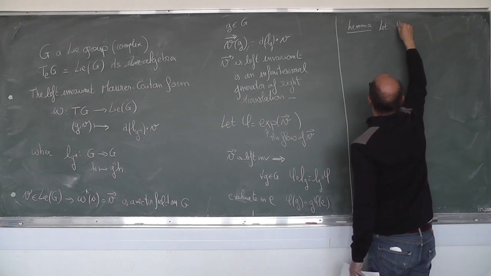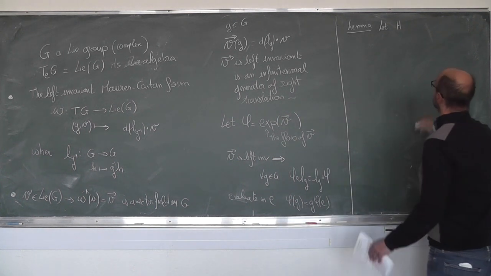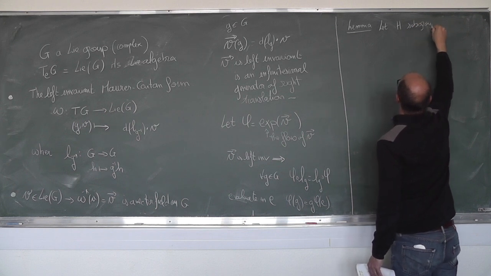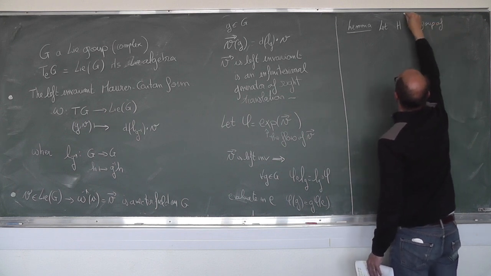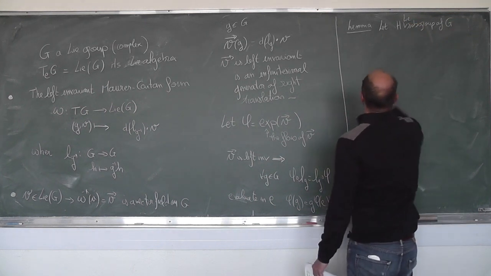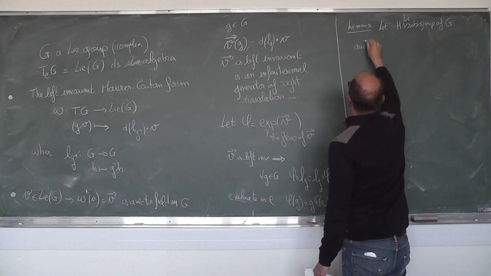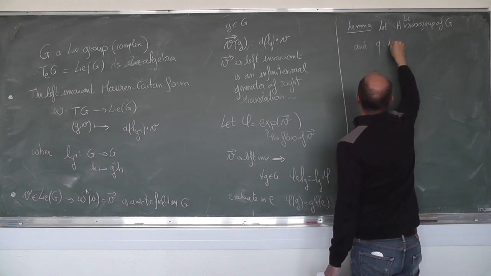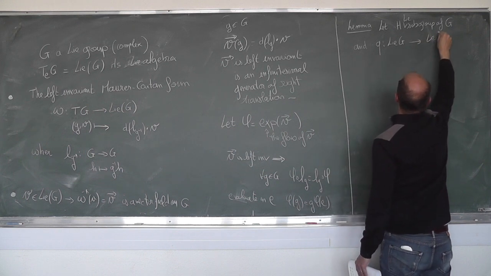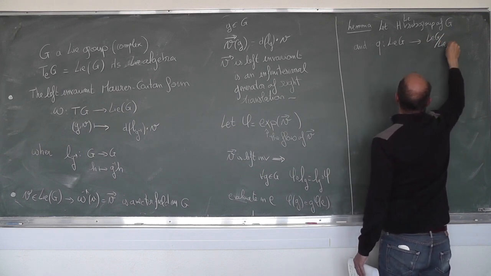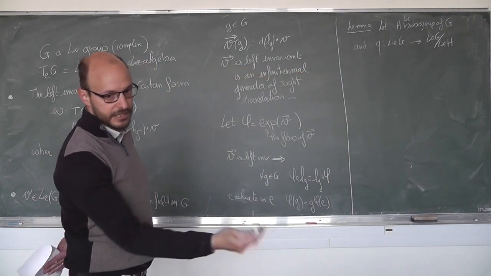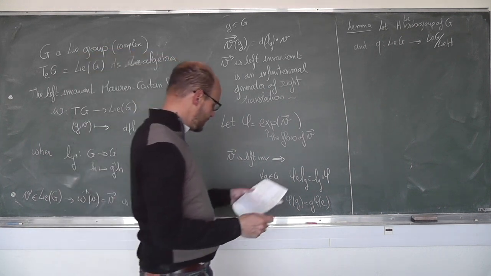Let H be a Lie subgroup of G, and q being the quotient map from the Lie algebra of G to the Lie algebra of G over the Lie algebra of H. The target is no more a Lie algebra, it's just a vector space.